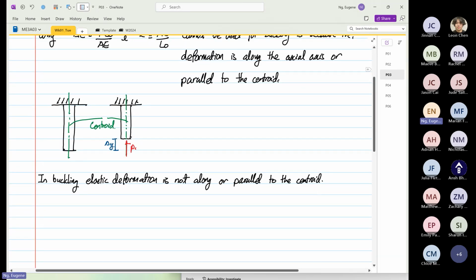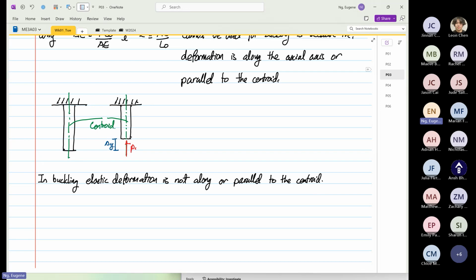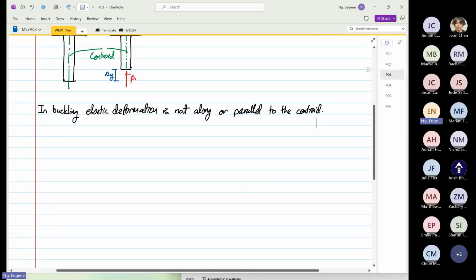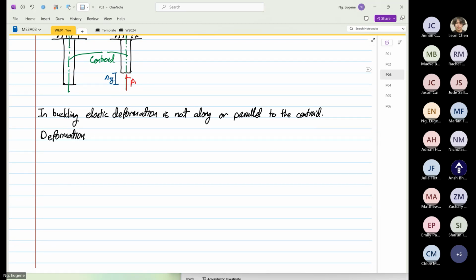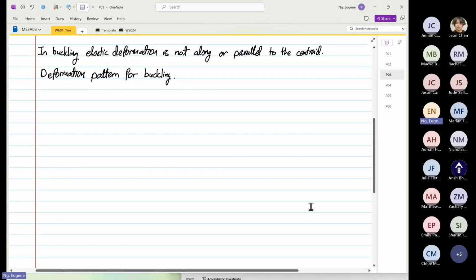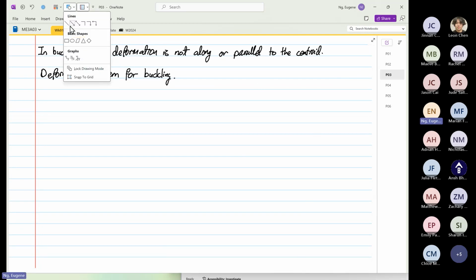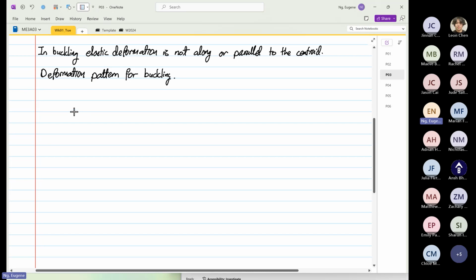So in buckling, elastic deformation is not along or parallel to the centroid. So what does it look like? The deformation pattern for buckling. In buckling, usually what will happen is the structure is very slender.